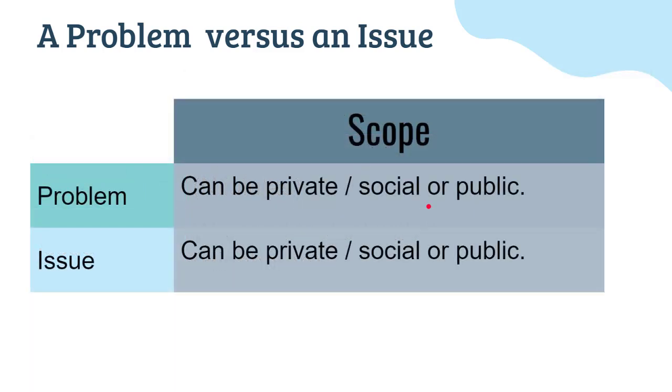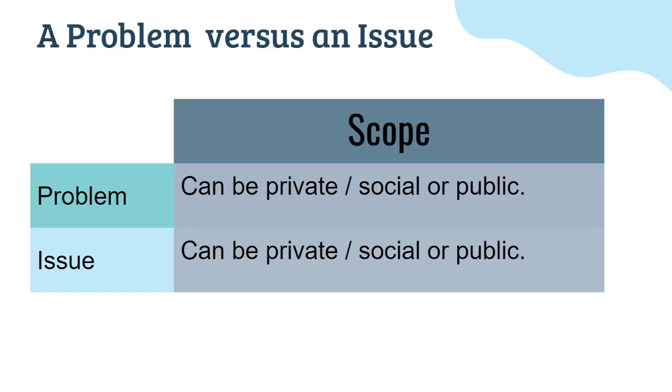Now, let us look at the scope. In terms of scope, you will be able to discern that problems and issues are the same. So, a problem can be private, an issue can also be private when it is only the concern of an individual and some people connected to that individual.